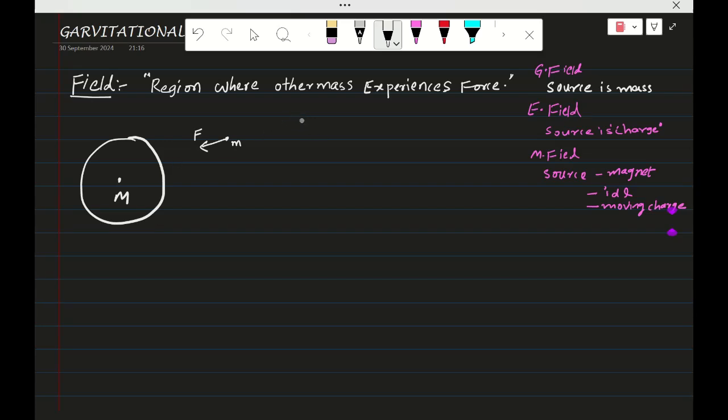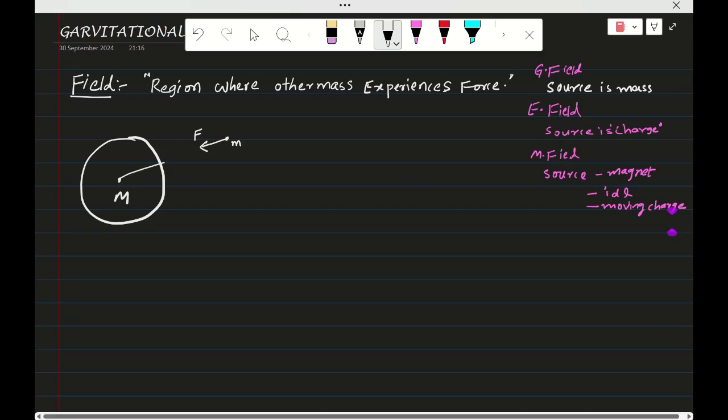The force, as we already know, is inversely related to the distance, so it decreases as the distance increases. After some distance, the effect of this force, the gravitational field, will be zero or very less. So up to this region around this mass, this region is called the field. This R can be written as R plus H also.